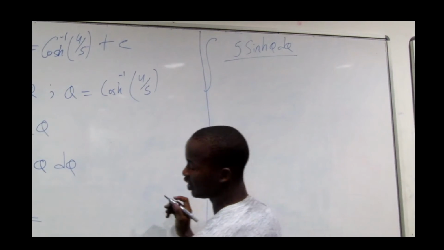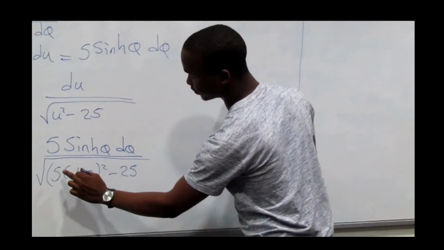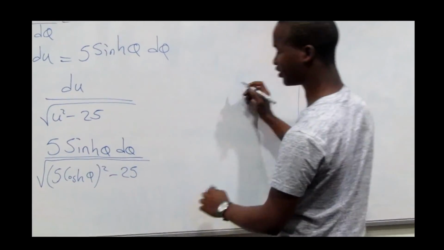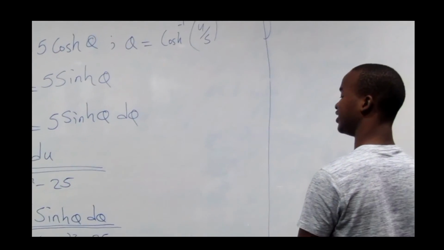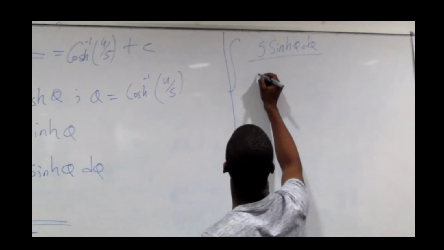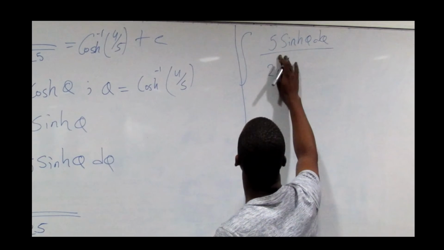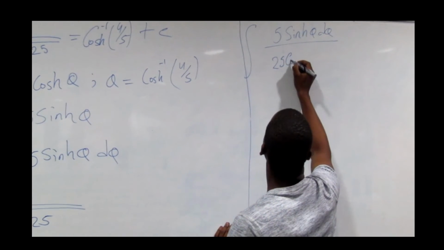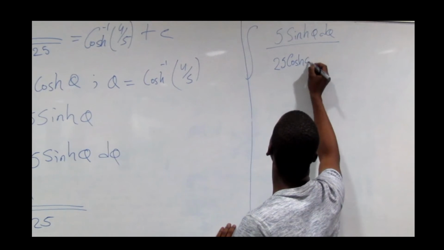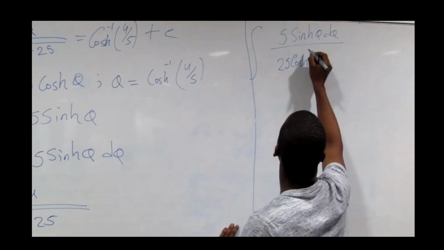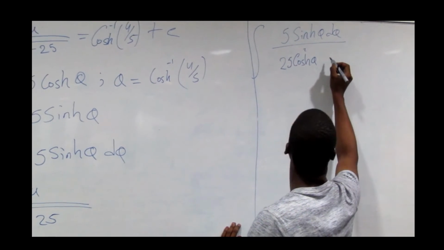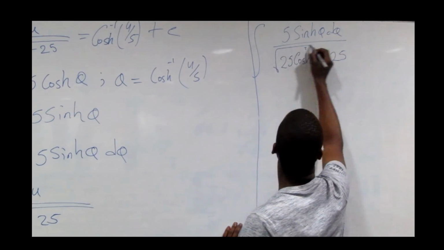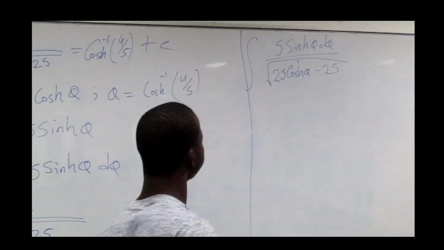Because here we have square, I'm going to multiply 5 squared and cos theta, which is going to give us 25 cos theta square minus 25. Now we are left with this.